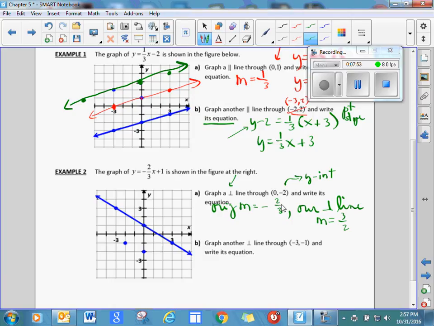It's the reciprocal, and it's the opposite sign. So let's start at 0, negative 2. So that's this point right here. Our slope is going to be positive 3/2. So we're going to go up 1, 2, 3/2.